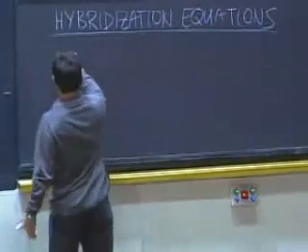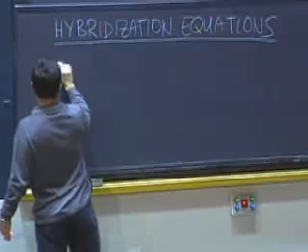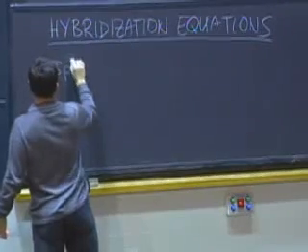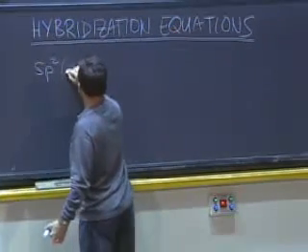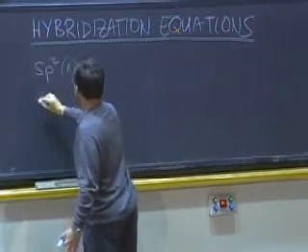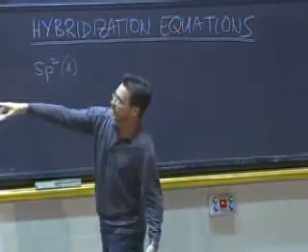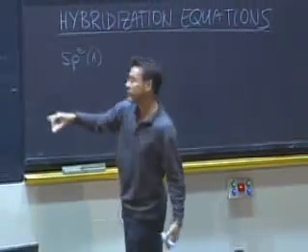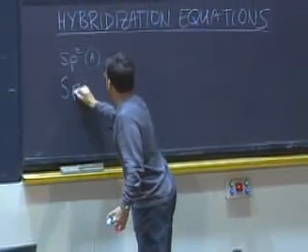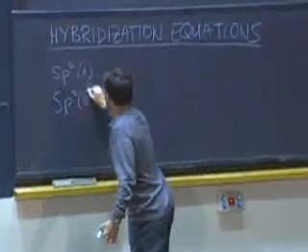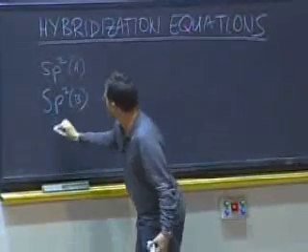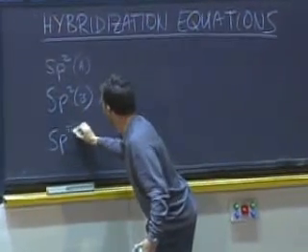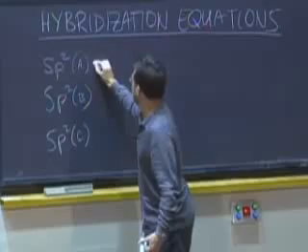And so I'll just call them sp2a, because we're going to need one that points toward that A hydrogen, which is along the positive x-axis. And we're going to need one that points toward the B hydrogen, and we're going to need one that points toward the C hydrogen.